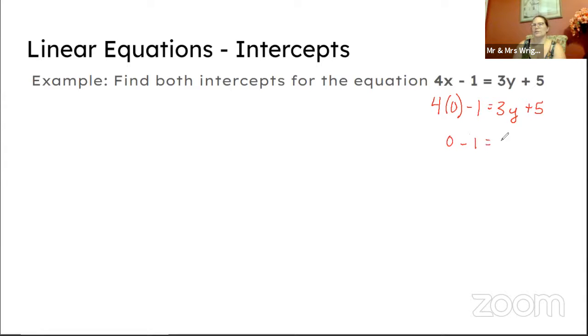Minus 1 equals 3y plus 5. This is going to be negative 1 minus 5 on both sides. That's going to be negative 6 equals 3y. Divide by 3, and I'm going to get y equals negative 2.